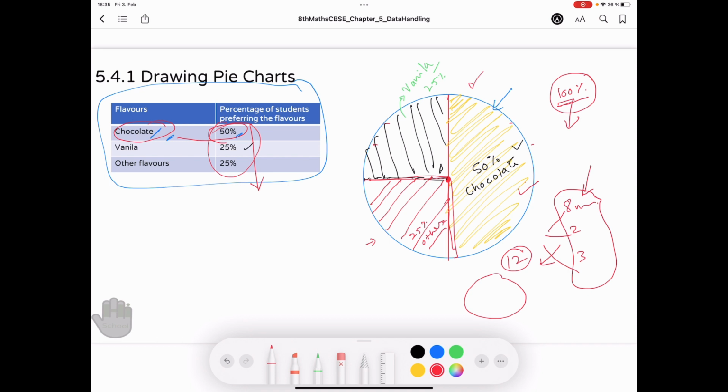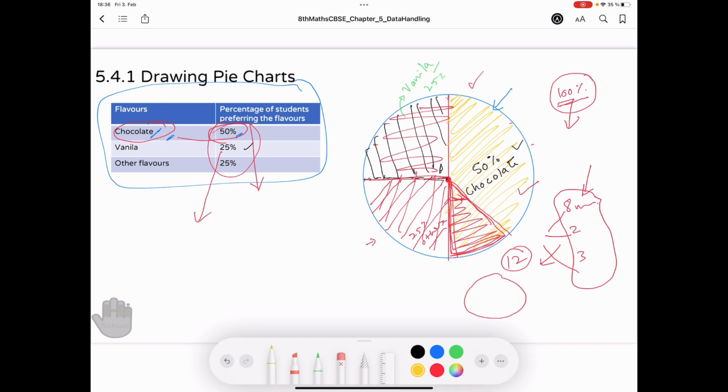We need this exact angle in order to draw the exact pie for that percentage. So we can convert these percentages into angles, and based on those angles we can draw exact segments of a circle in a pie chart.